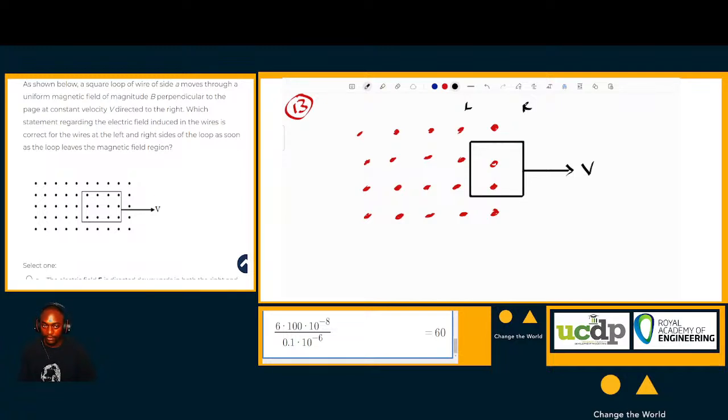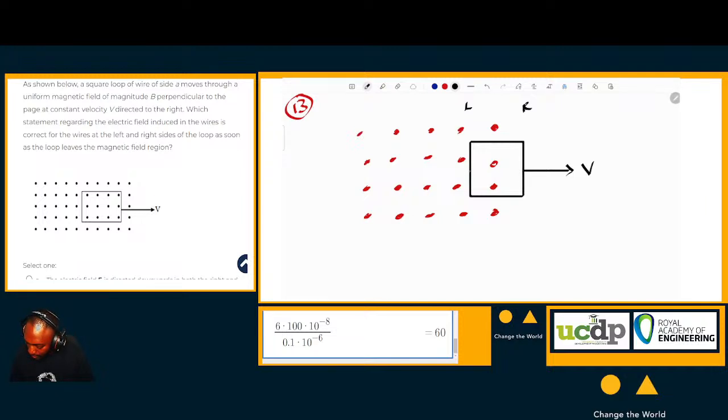It will be counterclockwise. Excuse me, not clockwise.